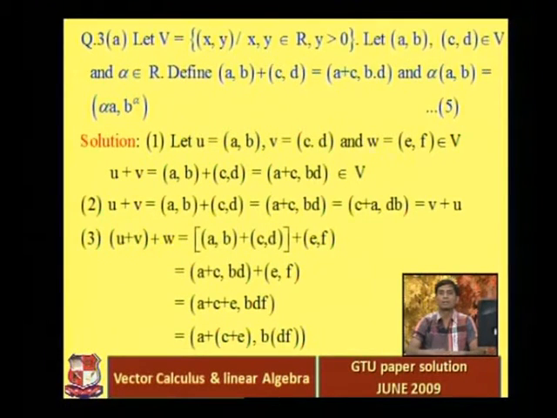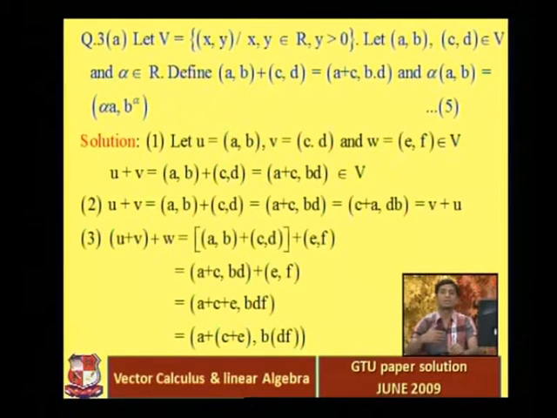Then the distributive law, that is alpha into u plus v is equal to alpha u plus alpha v. Then alpha plus beta into u is equal to alpha u plus beta u. And the last condition is 1 into u is equal to u.